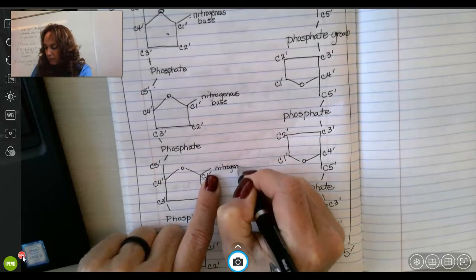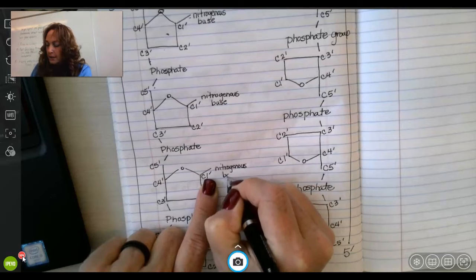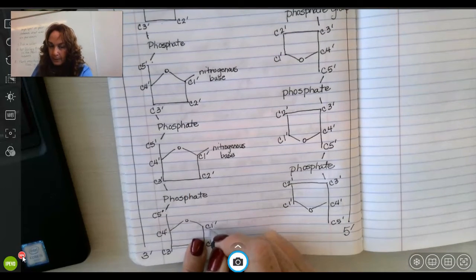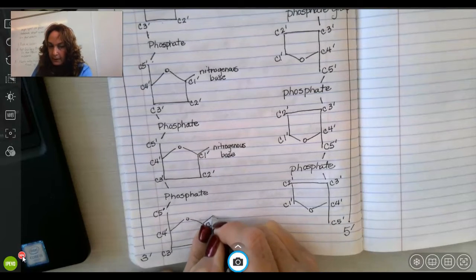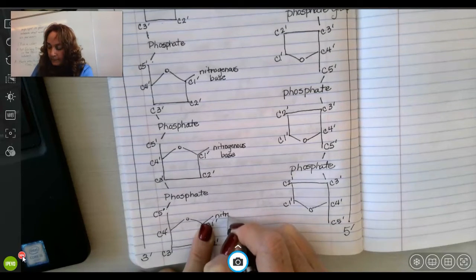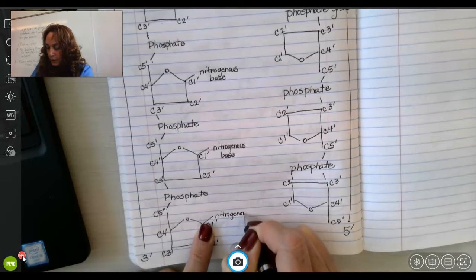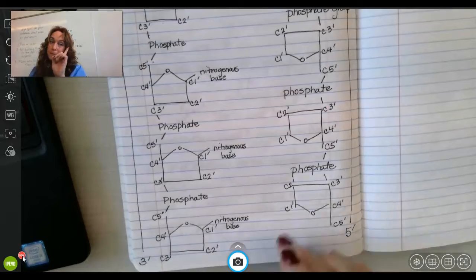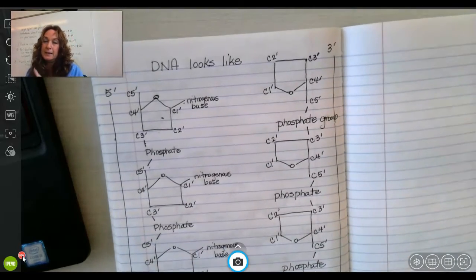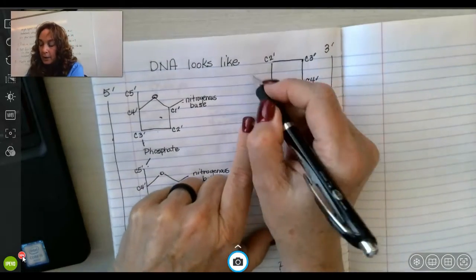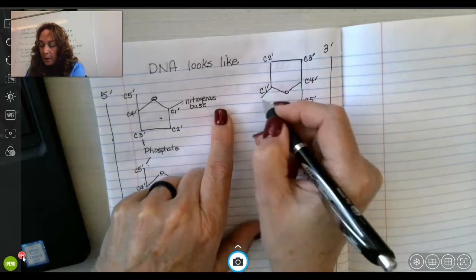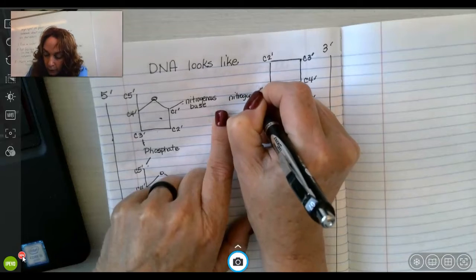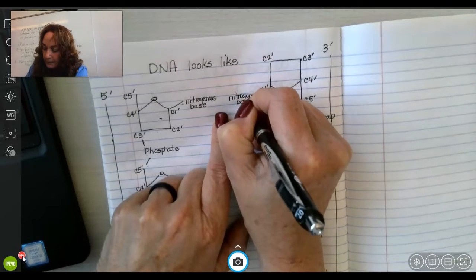So I get to write nitrogenous base 8 times. 1' carbon, covalent bond, nitrogenous base. Not many people can say they've written nitrogenous base 8 times. Now you see why I staggered it. So covalent bond, right? Nitrogenous, why do I have room? I do. Base.